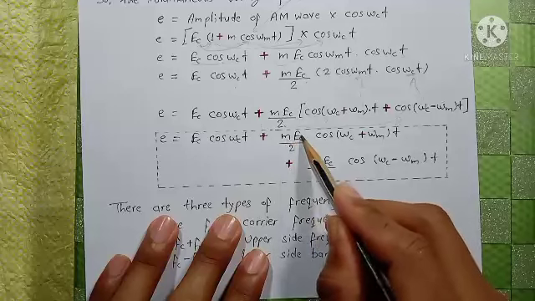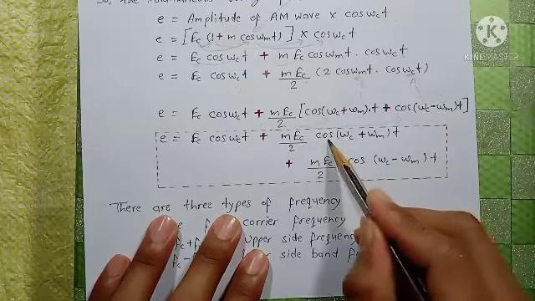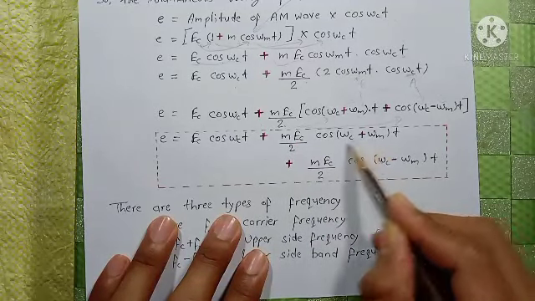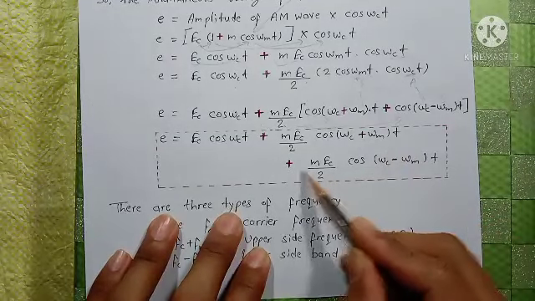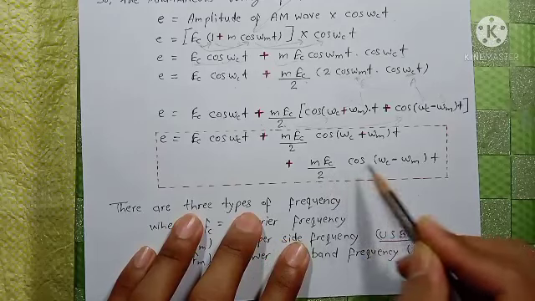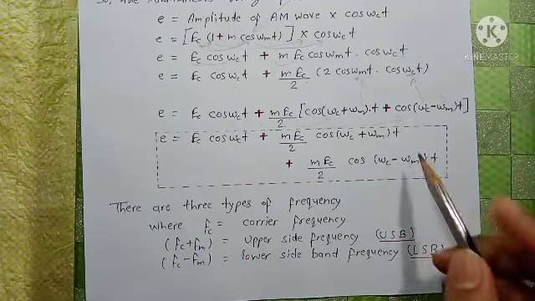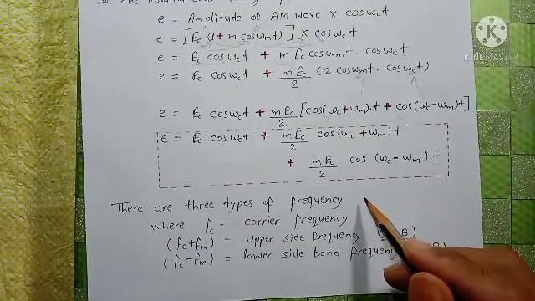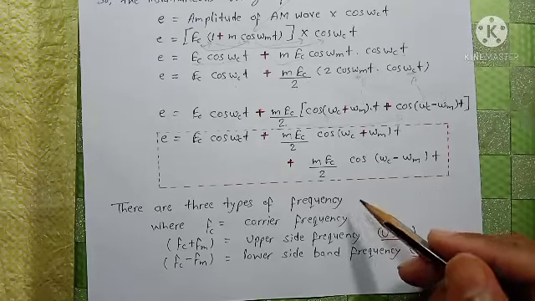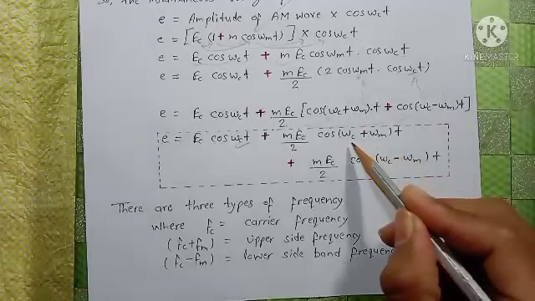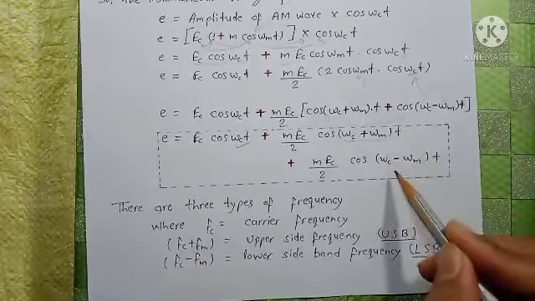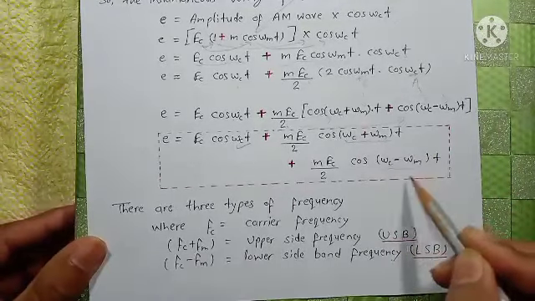So we will get m EC divided by 2 cos (omega c plus omega m) t plus m EC divided by 2 cos (omega c minus omega m) t. So here we have three different angular frequencies: omega c, omega c plus omega m, and omega c minus omega m.